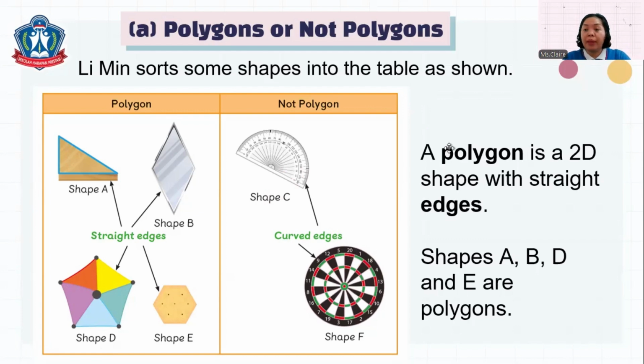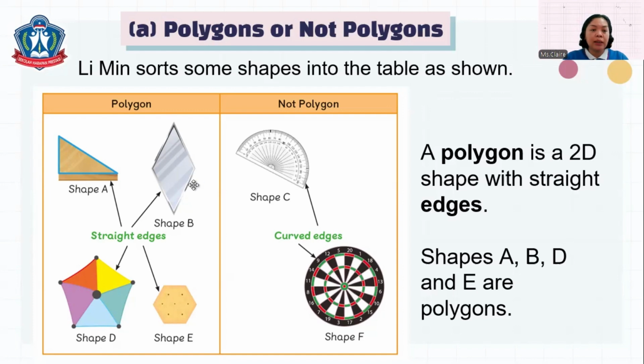A polygon, P3, is a 2D shape with straight edges or straight sides. A polygon is a closed shape. It can have 3 sides, 4 sides or more, as long as all the sides are straight and it is a closed shape. So shapes A, B, D, and E are polygons.